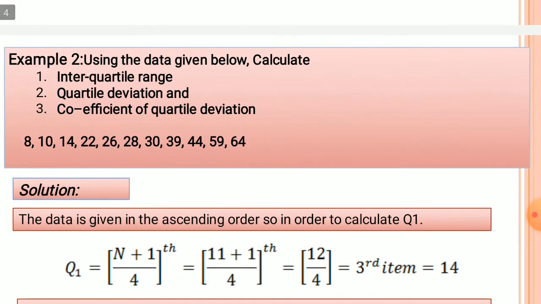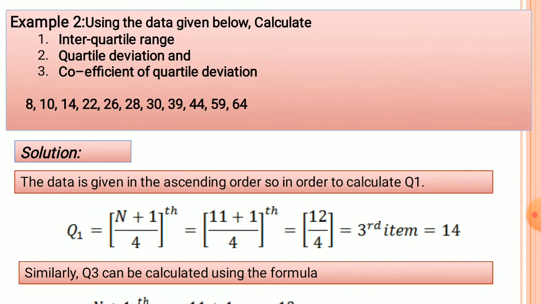Now take another problem to clearly understand the method of calculating QD and its coefficient of quartile deviation for individual series, discrete series, as well as continuous series. Calculate the interquartile range, quartile deviation, and coefficient of quartile deviation.